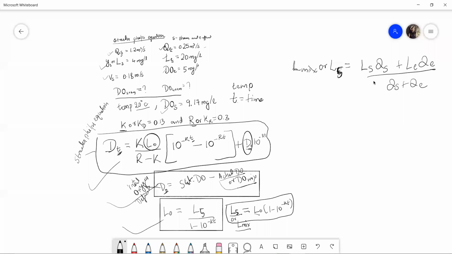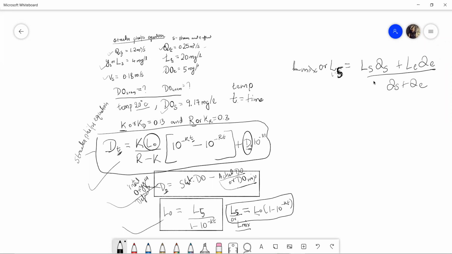So write down this formula. T is nothing but we are considering the fifth day time. For the fifth day, the BOD mix is equal to LS into QS plus LE into QE divided by QS plus QE.